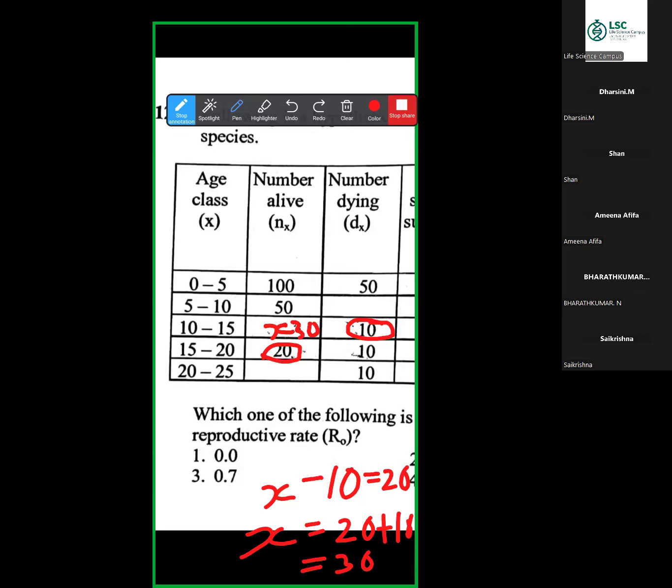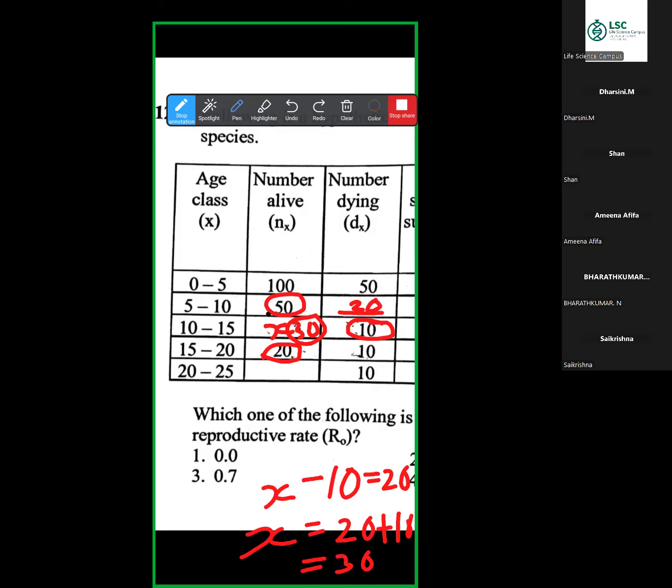Now we have this 50 and 30. So we can find the number of dying individuals in the second age class. That is 50 minus 30, nx minus nx plus 1. In this case, nx is 50 and nx plus 1 is 30. So nx minus nx plus 1 is 20. We can check whether it is right or not.